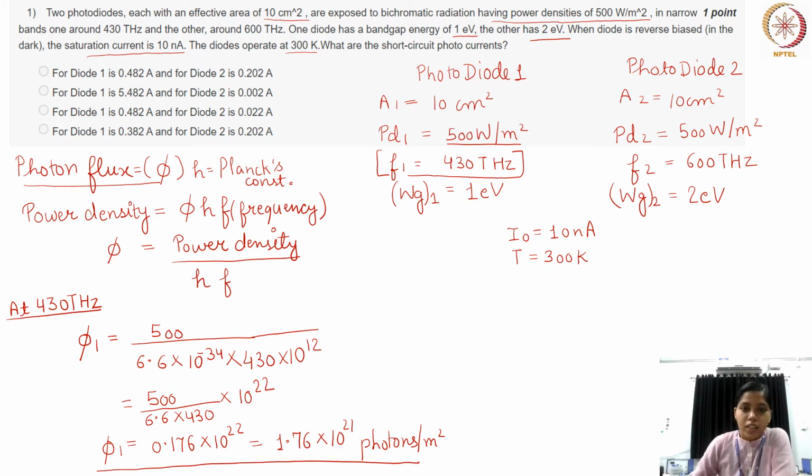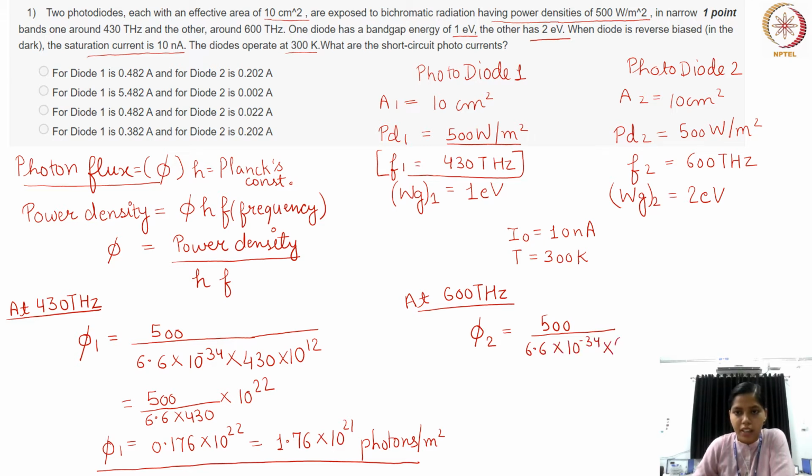Similarly for the second frequency, we can calculate at 600 terahertz. Using the same expression, phi2 will be equal to 500 divided by 6.6 into 10 raised to the power minus 34 and then multiplied by 600 into 10 raised to the power 12.